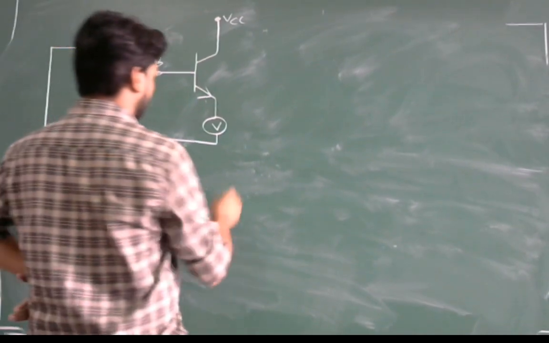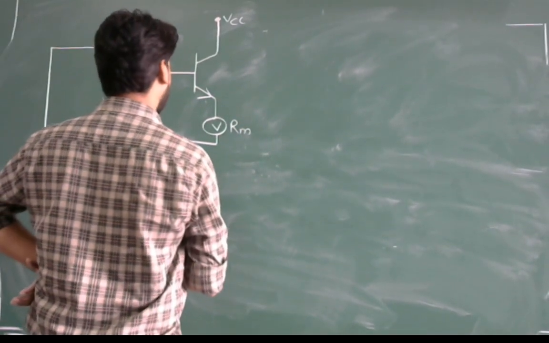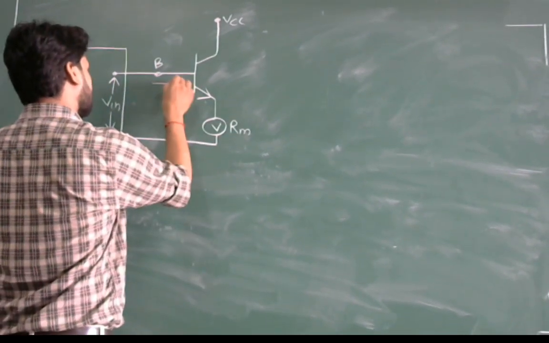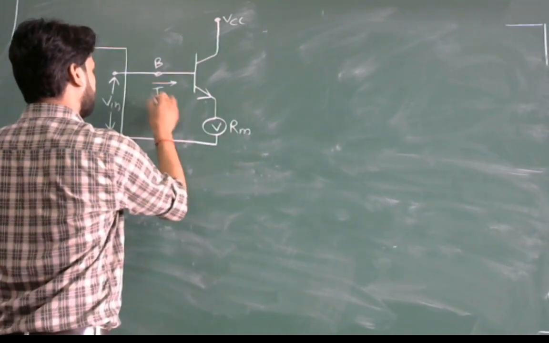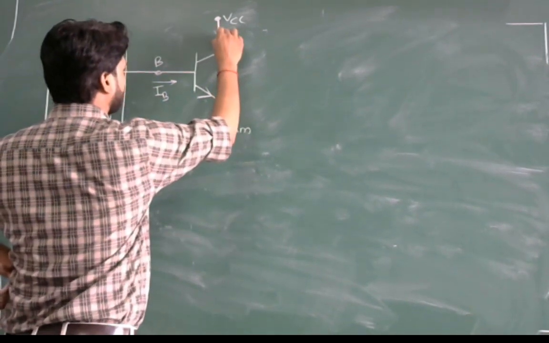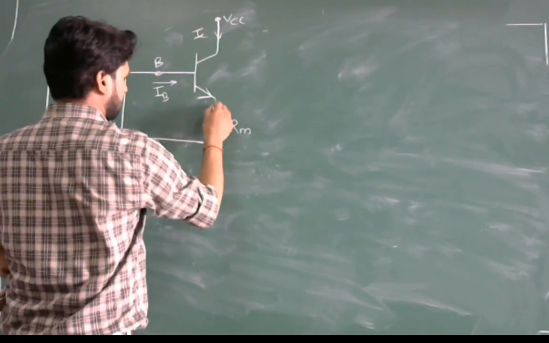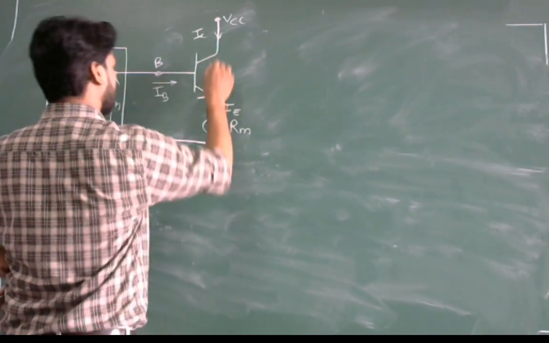The resistance of the voltmeter is Rm. The current going in the base is IB, the current going through the collector is IC, and the current coming out of the emitter is IE.